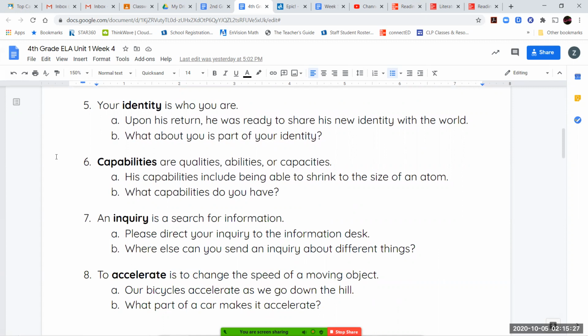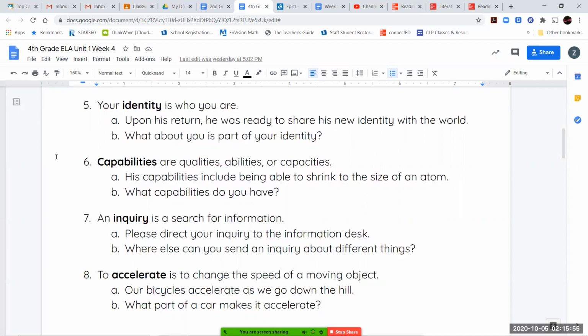Now our next word is the word capabilities. Capabilities comes from the word capable, and that comes from the word able. And capabilities are the qualities, abilities, or capacities. So capabilities are basically what you can do. For example, a lot of you guys know a lot of your superheroes.